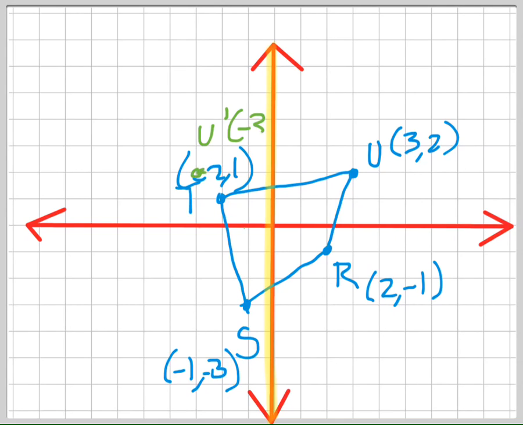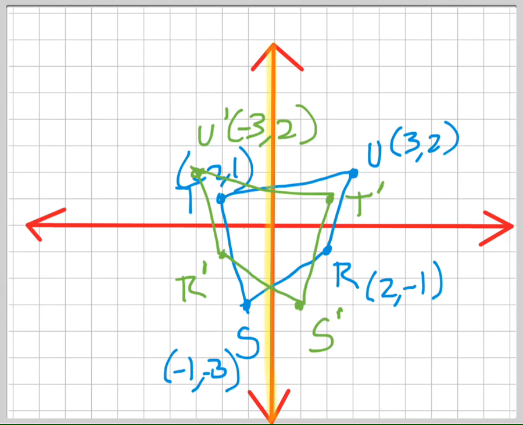That's U prime, -3, 2. T prime is going to be at 2, 1. R prime is going to be at -2, -1. And S prime is going to be at 1, -3. So it's going to look like that.